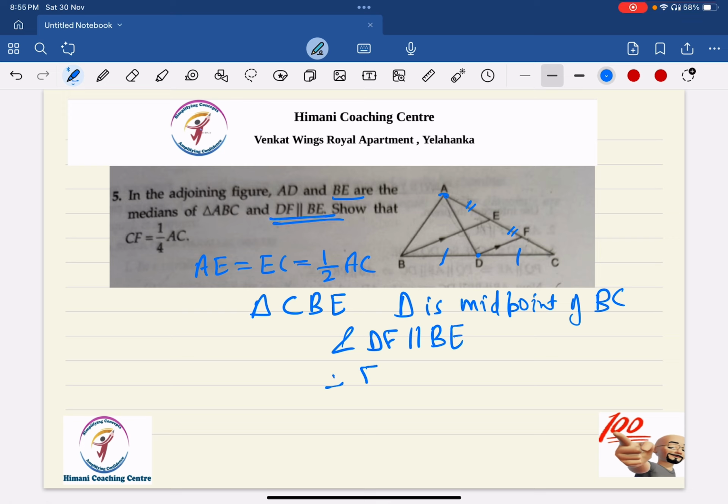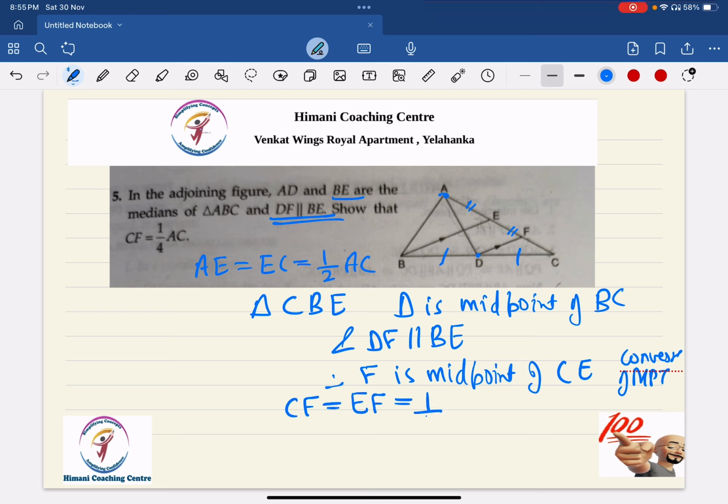So therefore F is the midpoint of CE. How are we getting that? Converse of the midpoint theorem. Now if F is the midpoint of CE, it would mean CF is equal to EF and both of them are half of CE.